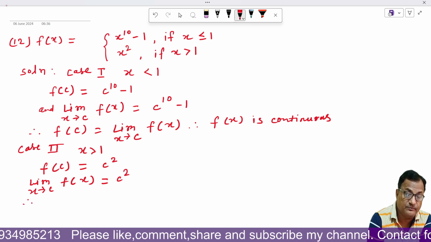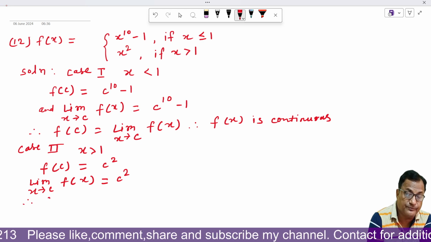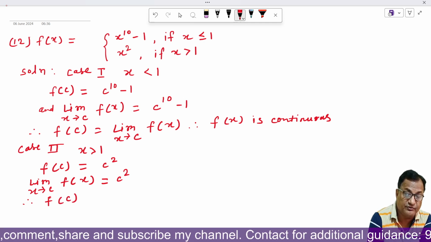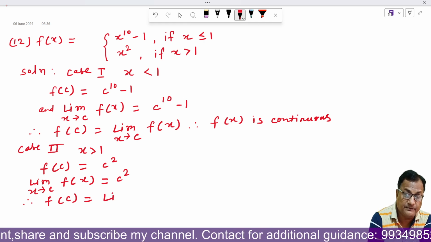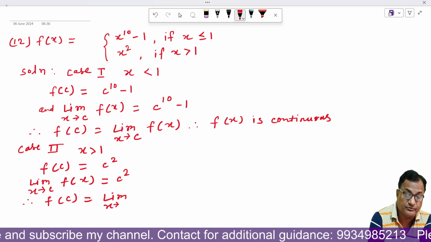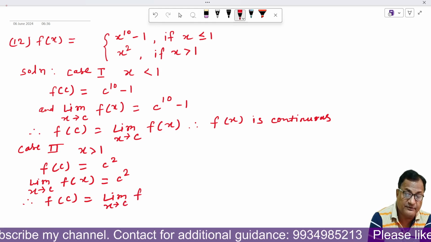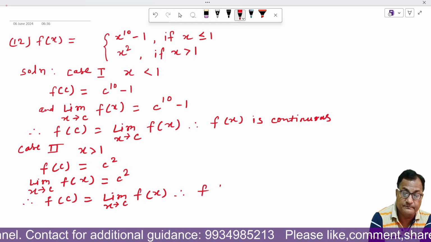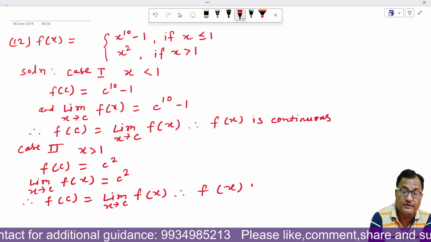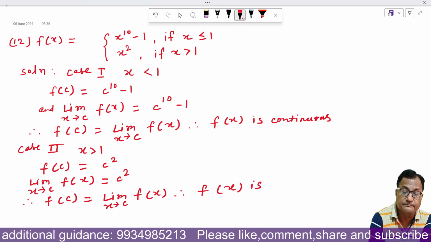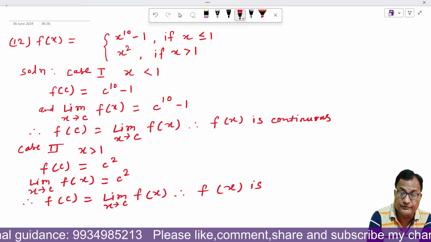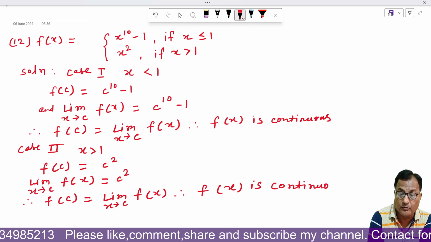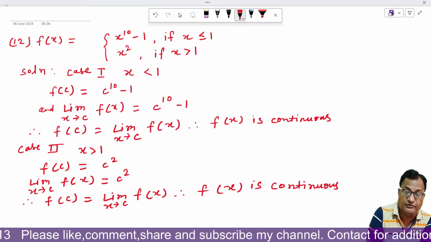So here also f(c) is equal to limit x tends to c of f(x), therefore f(x) is continuous in this case.